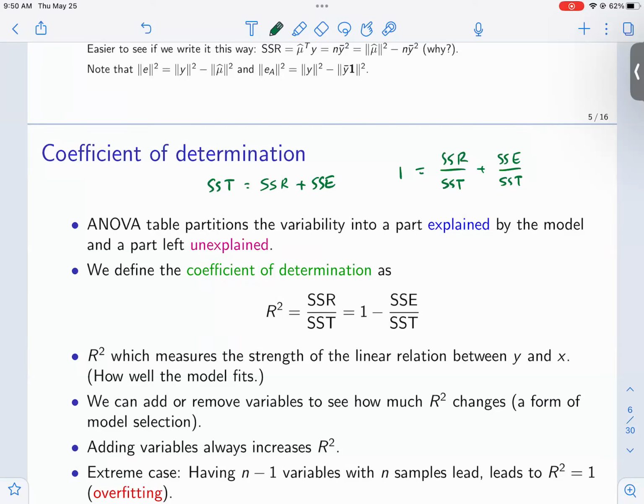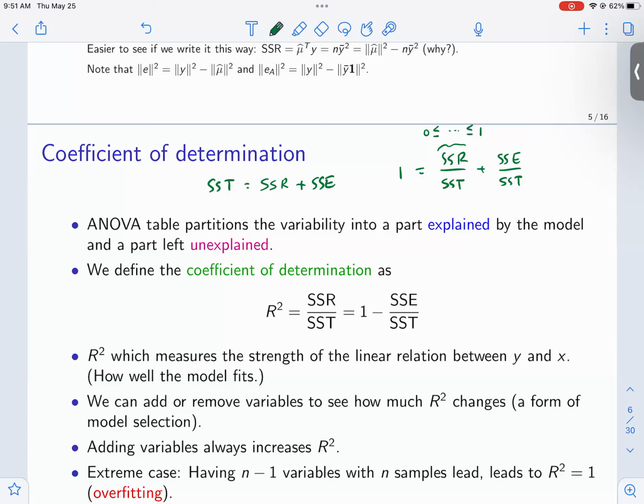This quantity is going to be bigger than or equal to 0, and it has to be less than or equal to 1, because the other term is non-negative. So you have two terms that are non-negative and they add up to 1. Both have to be less than or equal to 1 and greater than or equal to 0. This quantity SSR divided by SST is called R squared. And you can see it's also 1 minus this other quantity.